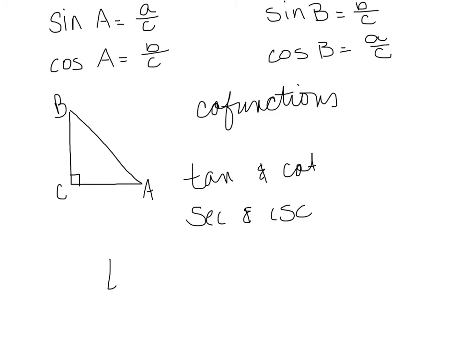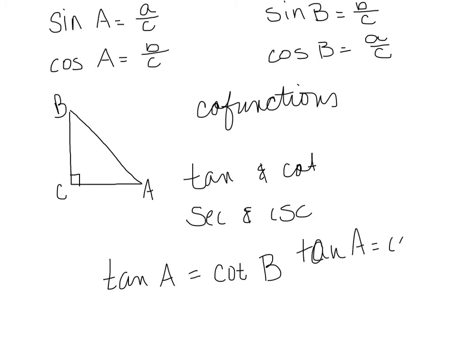So if you took the tangent of A, that would be the same as taking the cotangent of B. Another way we write that is that the tangent of A is equal to the cotangent of 90 minus A.